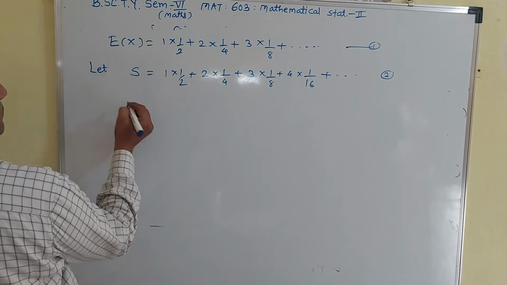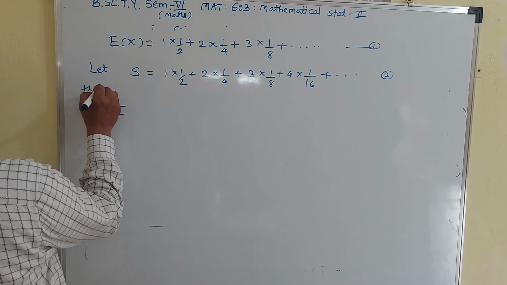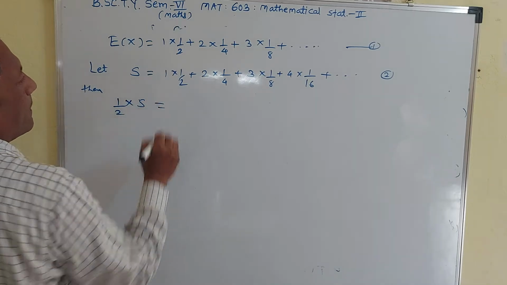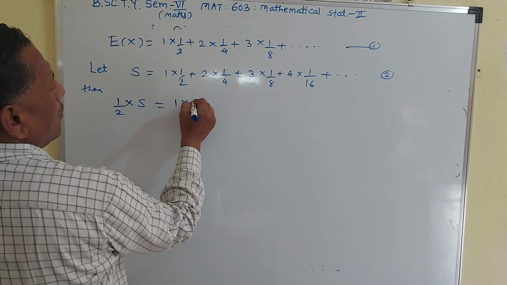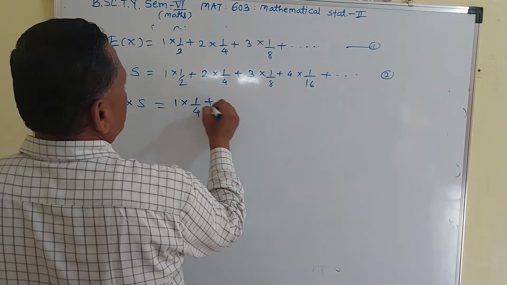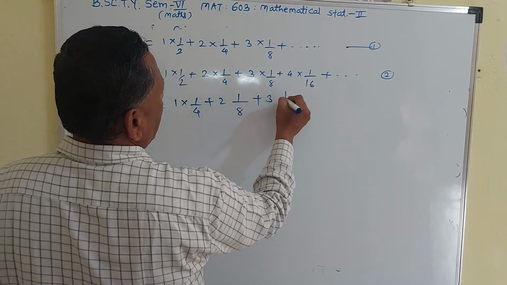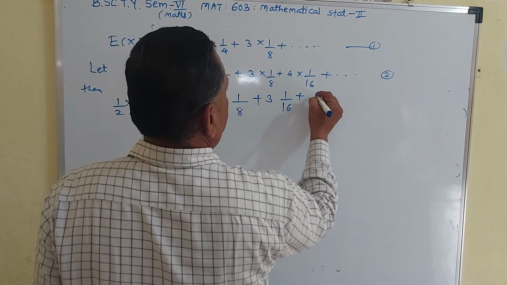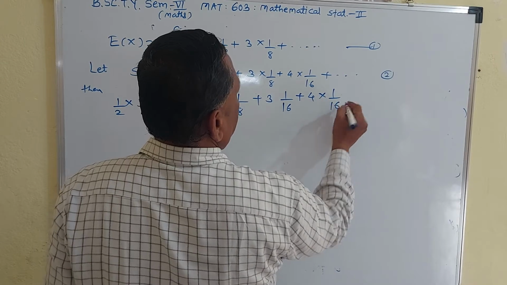Then you multiply each term by 1 by 2. Then 1 by 2 into S is equal to: the first term is 1 into 1 by 2 into 2, which means 1 by 4, plus 2 into 1 by 8, plus 3 into 1 by 2 into 8, which means 1 by 16, plus and so on, 4 into 1 upon 32.